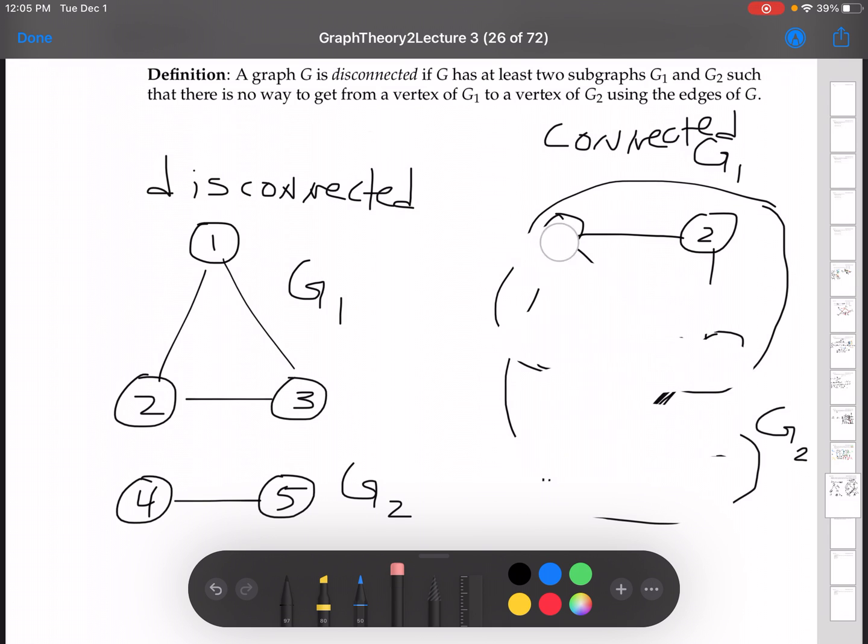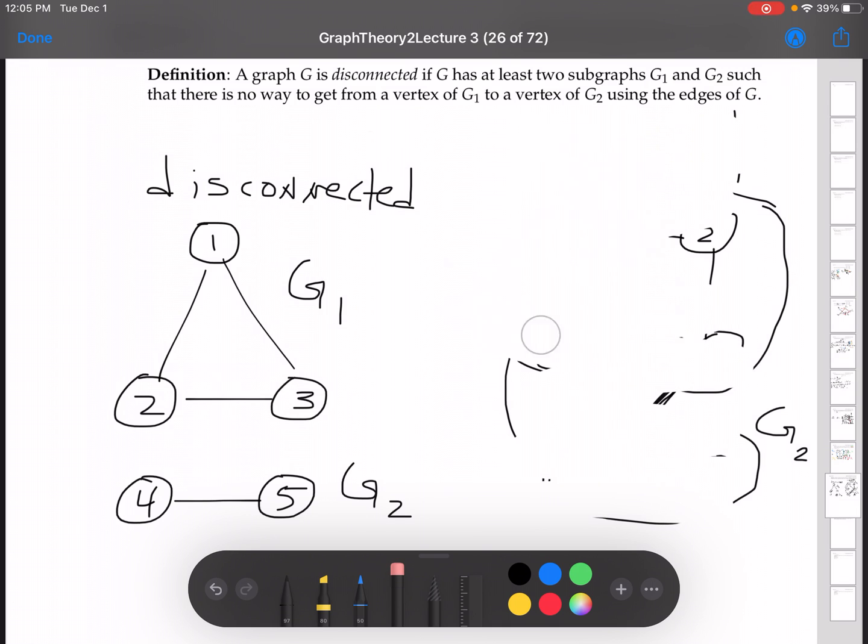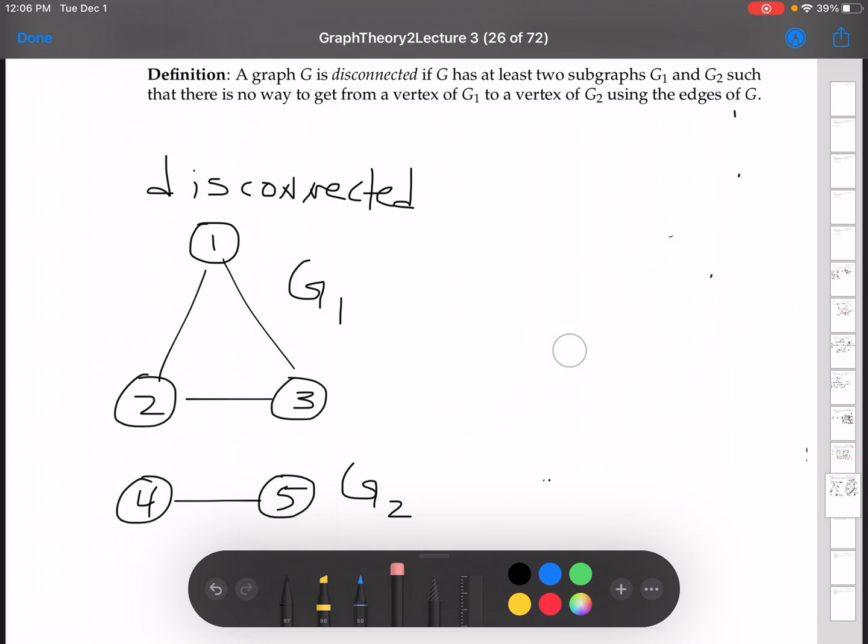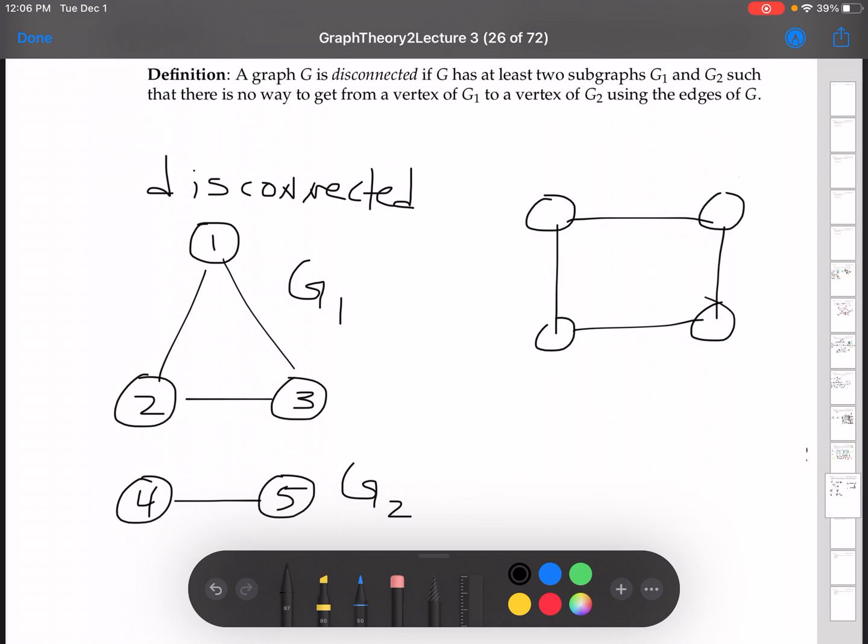All right, let me draw another disconnected graph. Okay, this graph is disconnected.